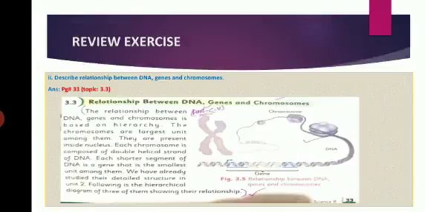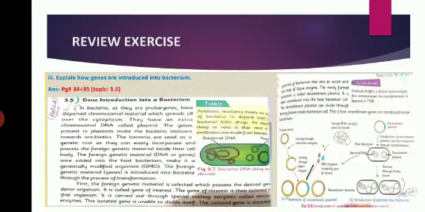The next question is, describe the relationship between DNA, genes and chromosomes. The answer to this question is on page number 33, and the topic is 3.3, relationship between DNA, genes and chromosomes. The next question is, explain how genes are introduced into bacterium.